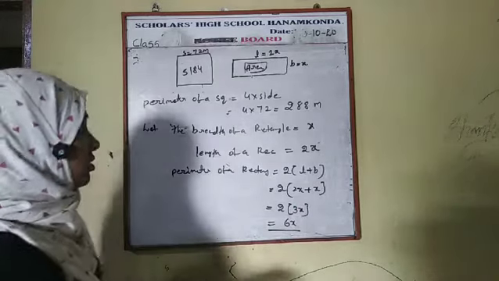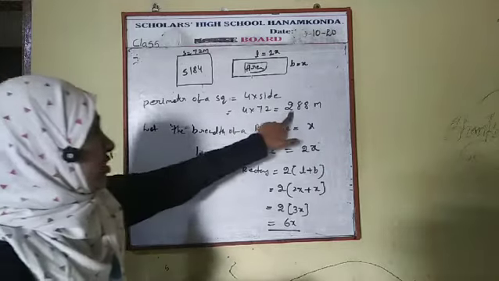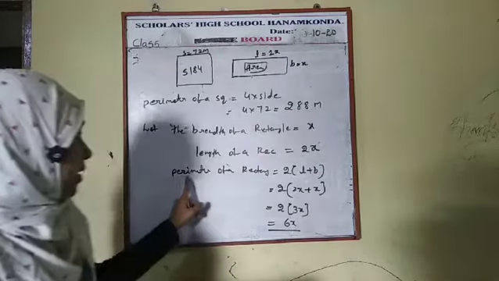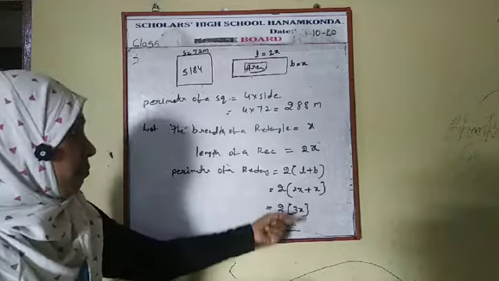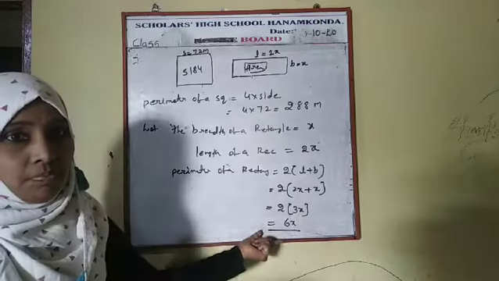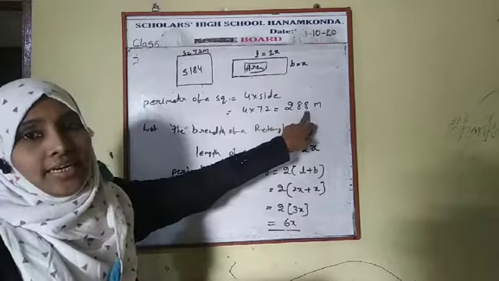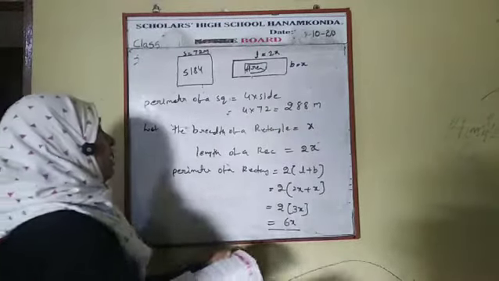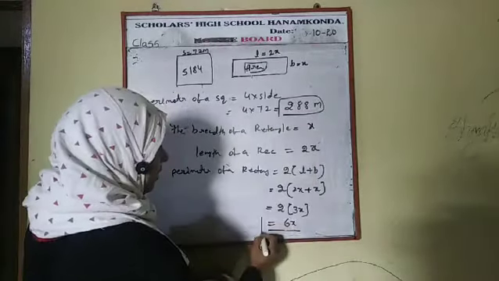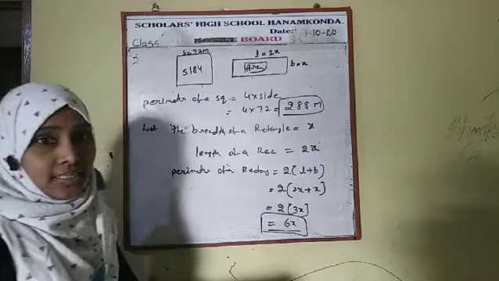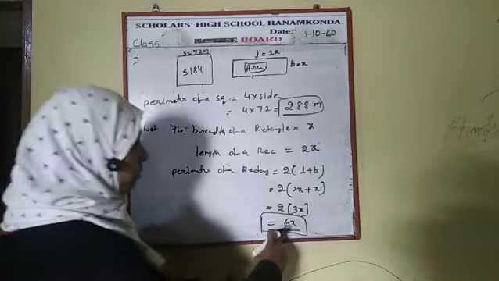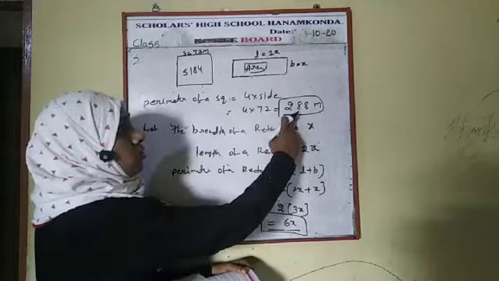Okay, see here. Perimeter of a square is 288. Perimeter of a rectangle is 6x. But both perimeters are equal. So I am writing 6x is equal to 288. Already we said the perimeters are equal. So the perimeter 6x is equal to 288, right.